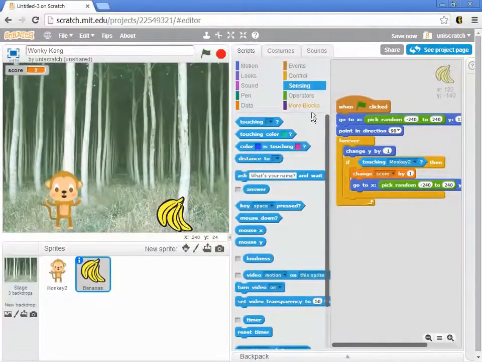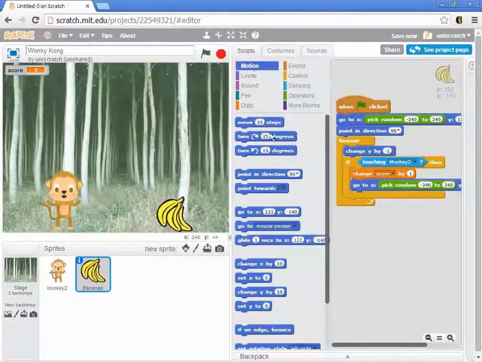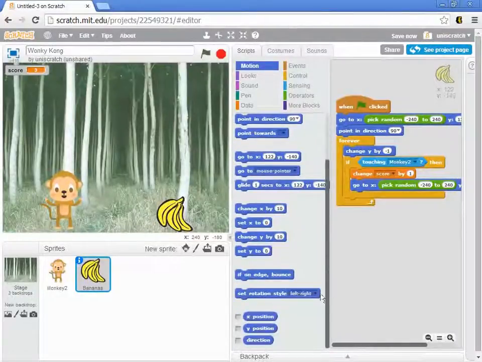And so we want to know, how can we ask where the bananas are? Well, you may recall, some of you, from Module 1, when we were looking at the motion menu, and I asked you to explore in the task for the motion menu, you were looking at these blocks, and you connected together a bunch of these. And you may have noticed there's some round pegs at the bottom, which in Module 1, I didn't go into what these did, because it didn't fit into what we were doing.